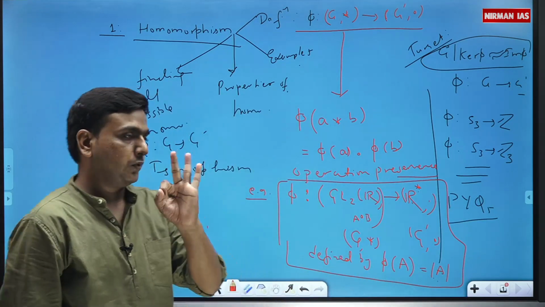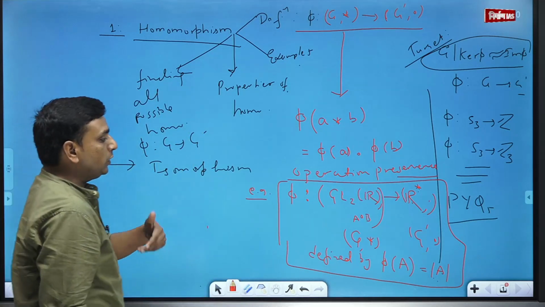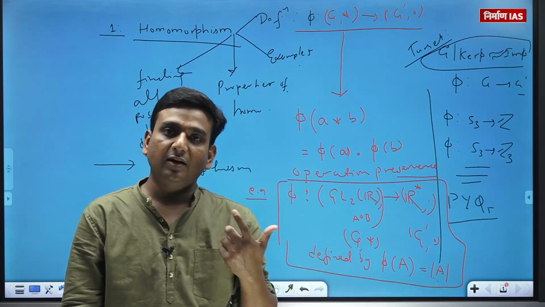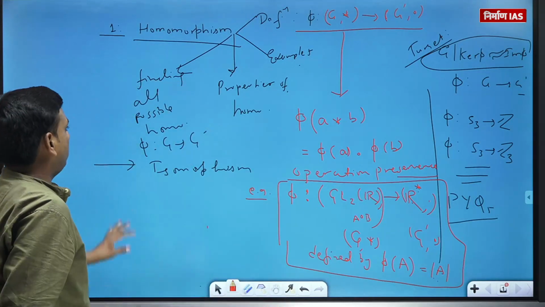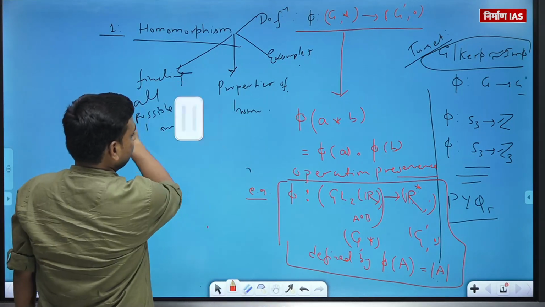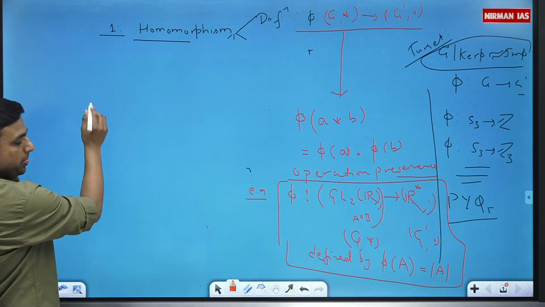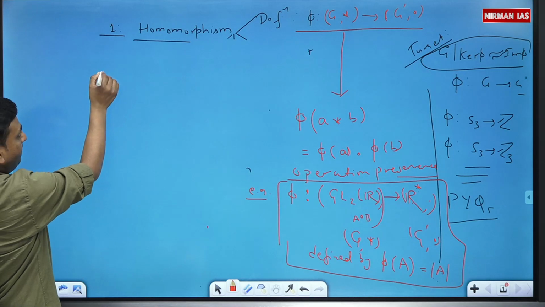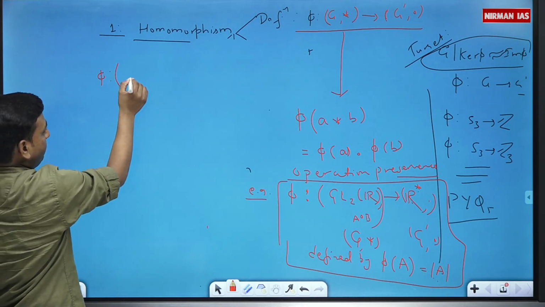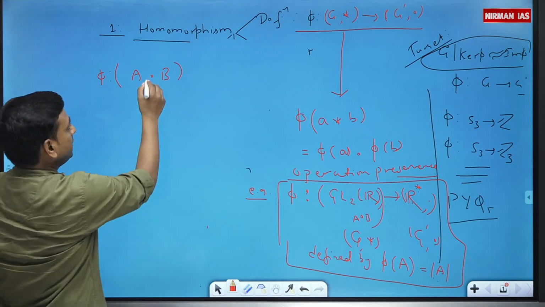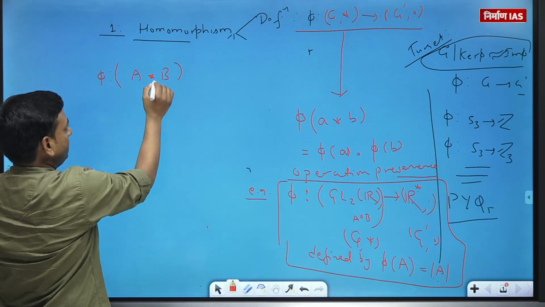Any problem? No. Now I want to know whether this phi is operation preserving or not. So what we wish to have for operation preservance, dear? If I apply A into B, so this is multiplication of matrices, however you write.